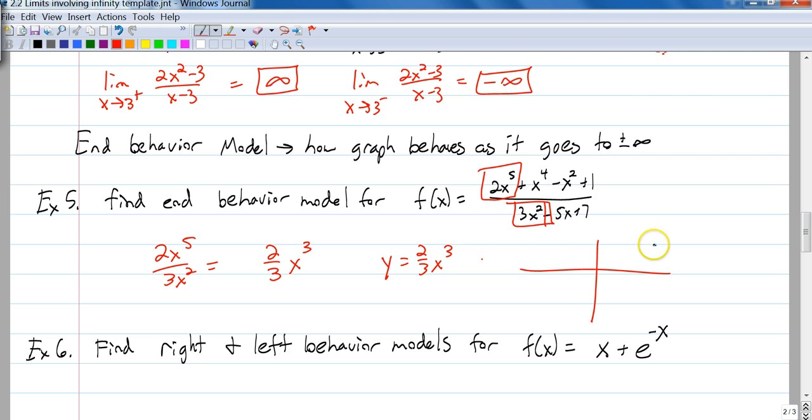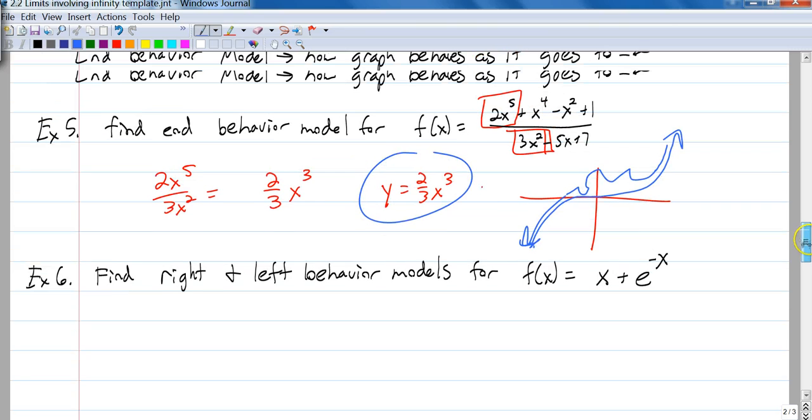For example, if this is my function, I know that's not really what it is, but this function here looks something like this. So at the end of this graph, whatever it is, it'll look like that.